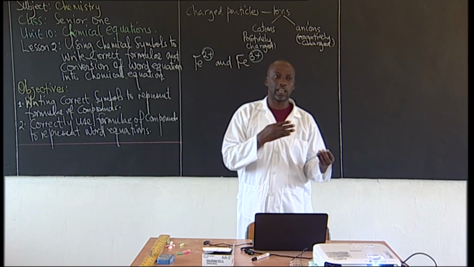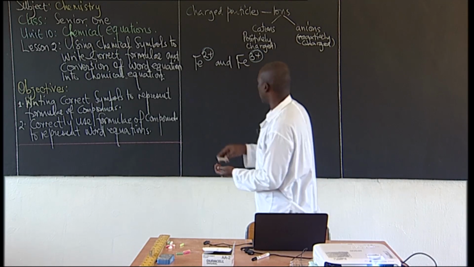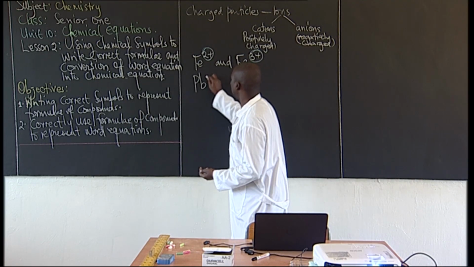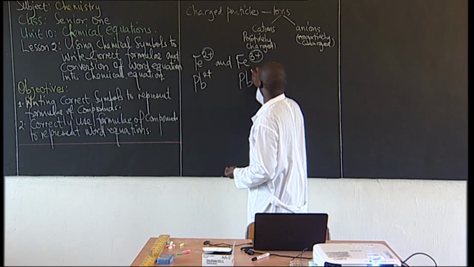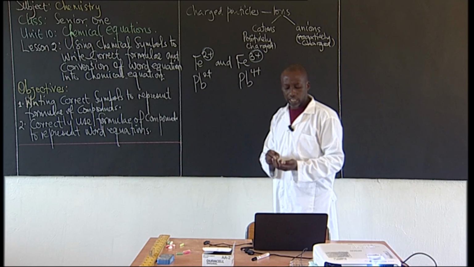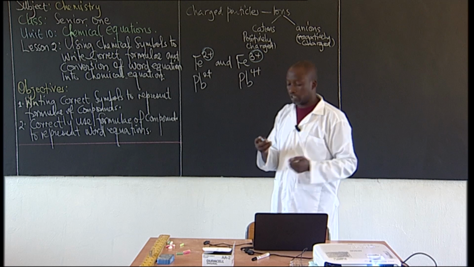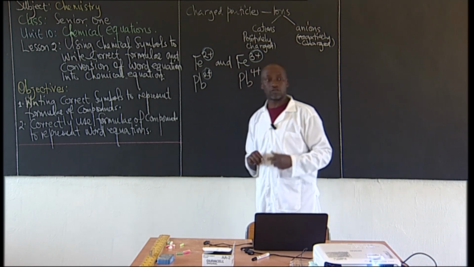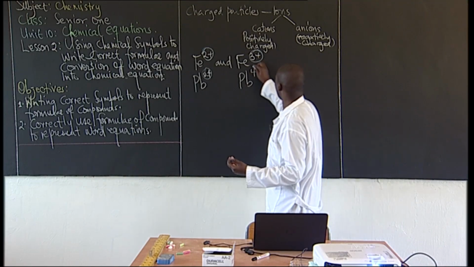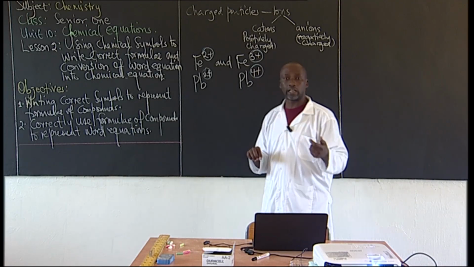When you look at lead, for example, we have lead 2 plus, and we have lead 4 plus. So those are differences. It means we have lead with a valence of 2, and we have another lead with a valence of 4.